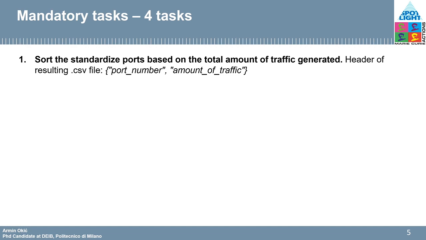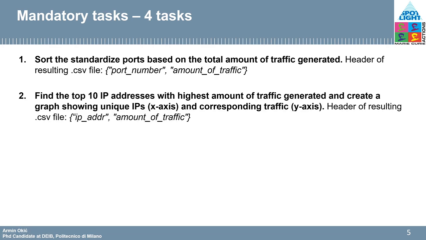Also, the output of each of these tasks needs to be in a specific format, and we chose a .csv file. Each of these files, for different tasks, needs to be created in a specific format with specific headers. For example, for the first task, you need to put the port number in the first column and the amount of traffic in the second column.